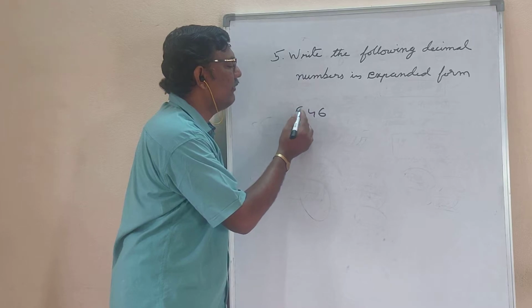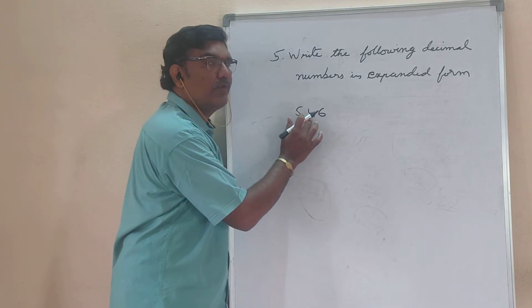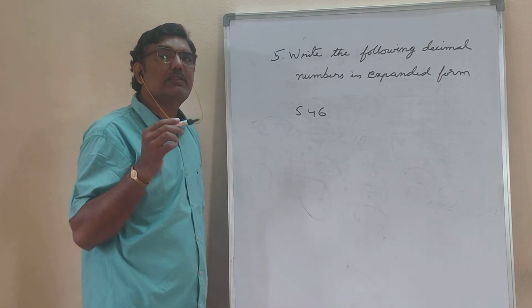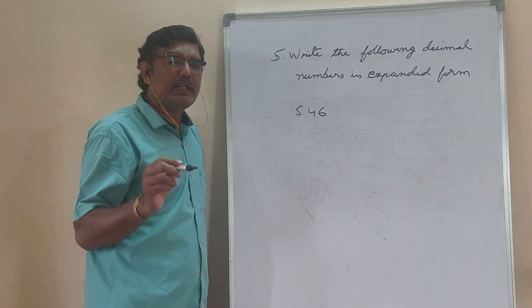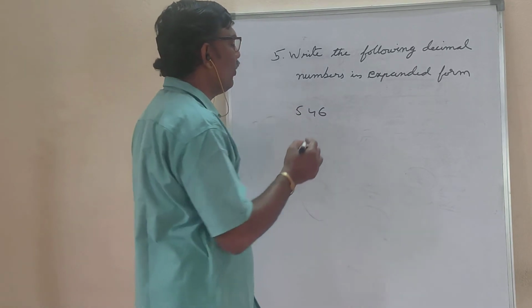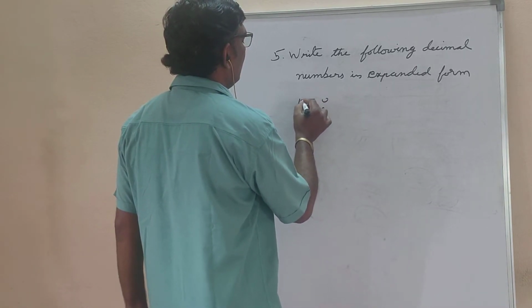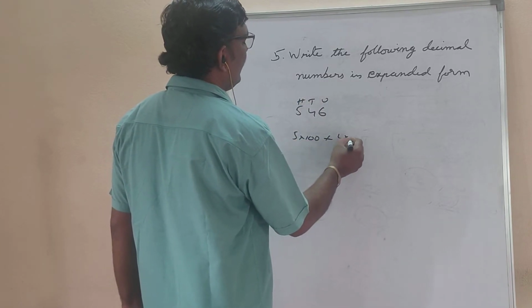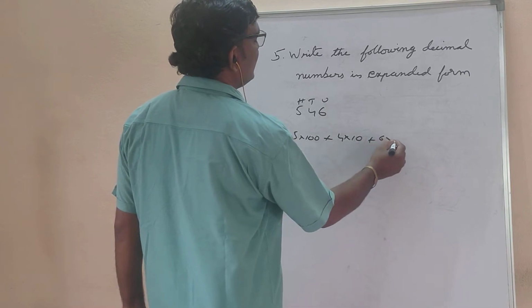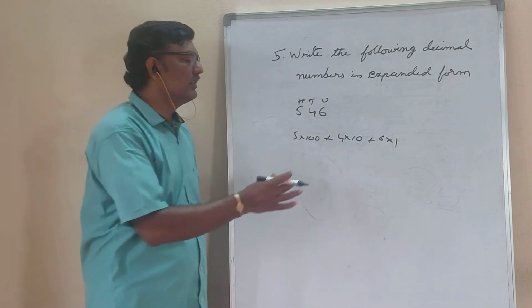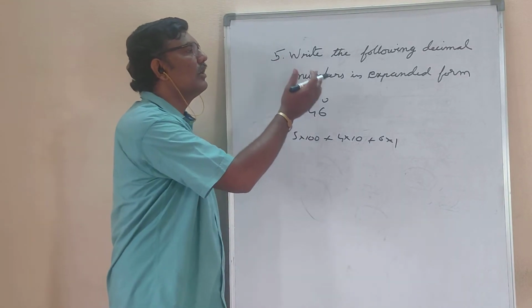In the hundreds place you have 5, in the tens place you have 4, in the units place you have 6. So its expanded form is 5 into 100, 4 into 10, 6 into 1. You will write like this. So this is the answer for non-decimal numbers.